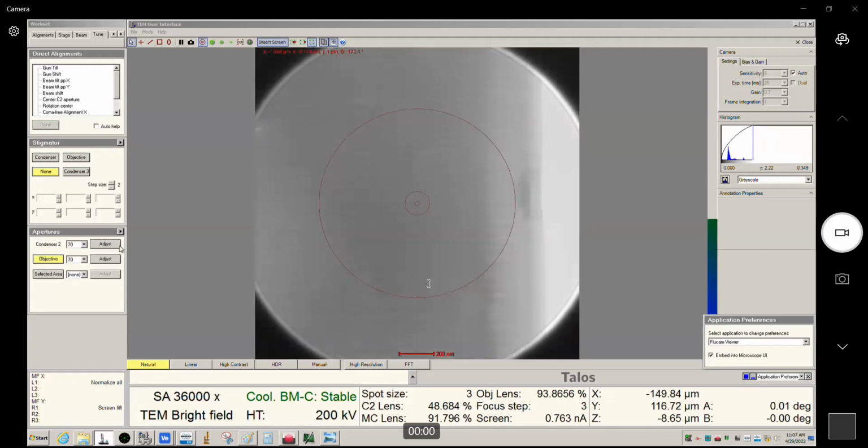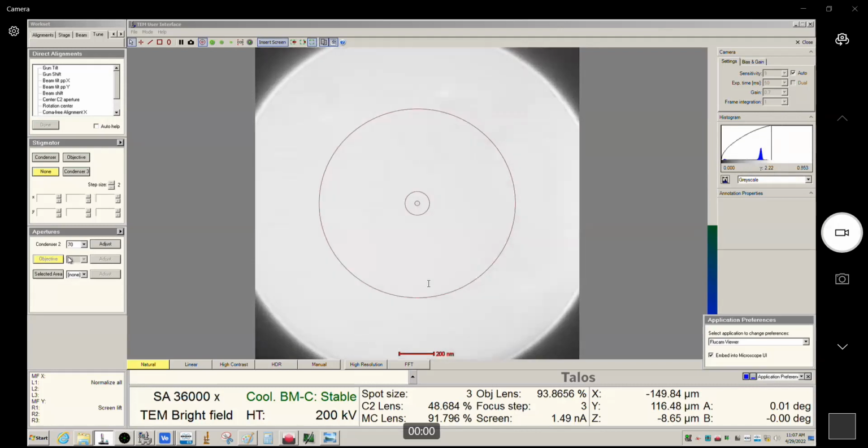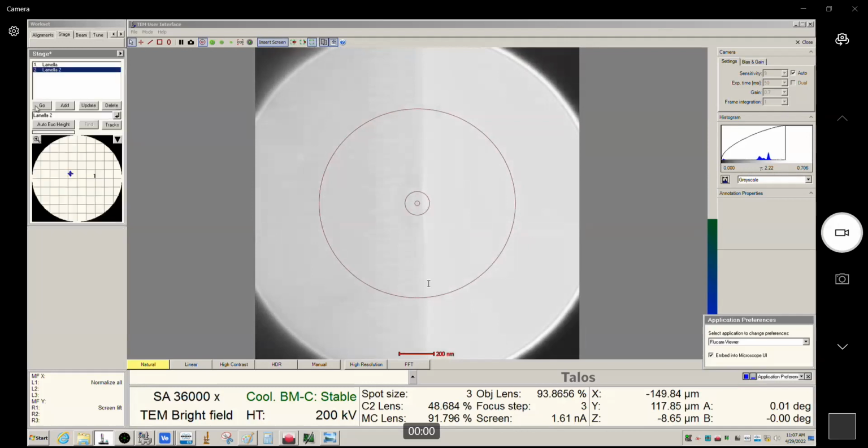Okay, let me take this out here. And actually, you know what I'm going to do? That's the top of the sample. I'm going to mark this position here, and you're going to see why in a minute. We'll call this PT.